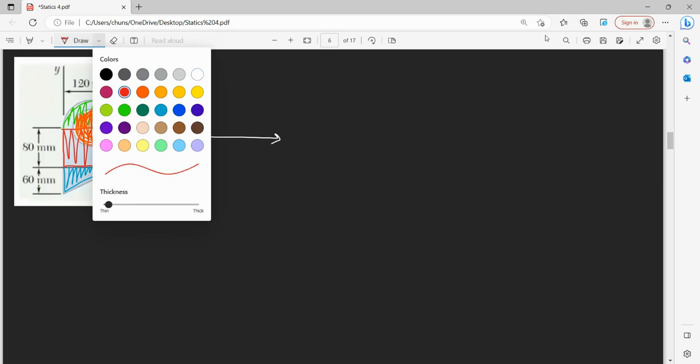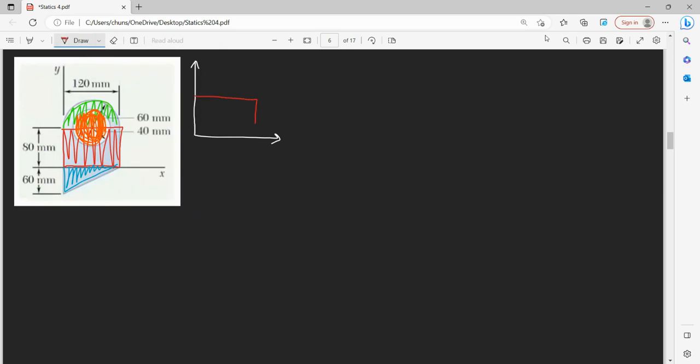So we first start with our rectangle, which has a height of 80. So that means at a height of 40 millimeters, let's convert this to meters. So 0.04 in our y.